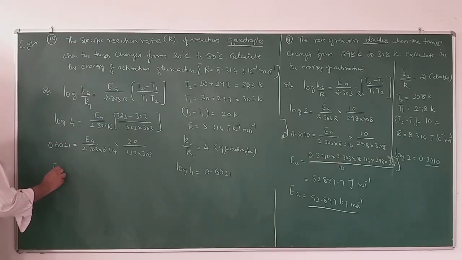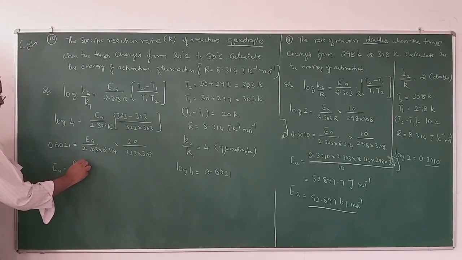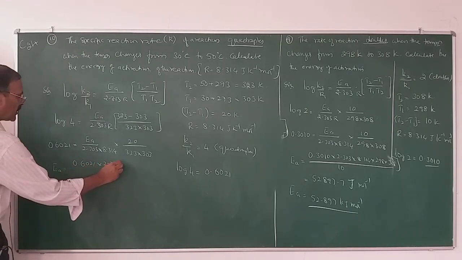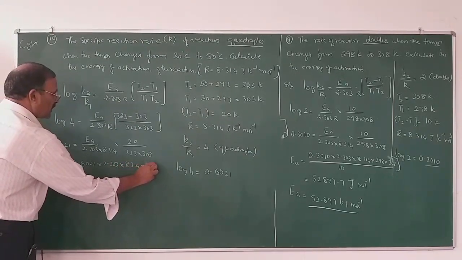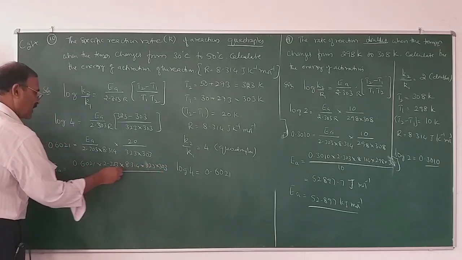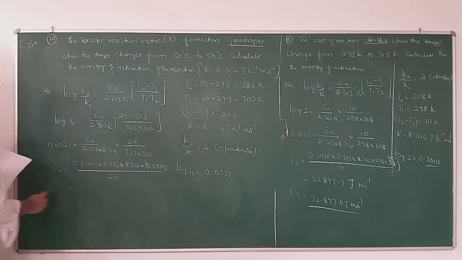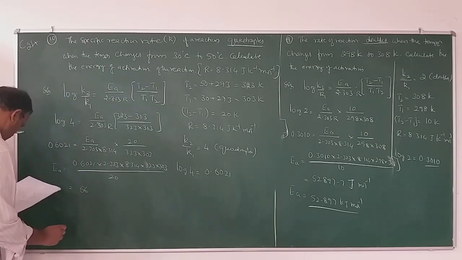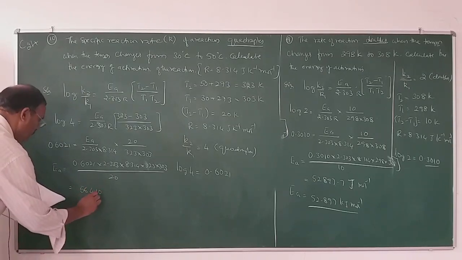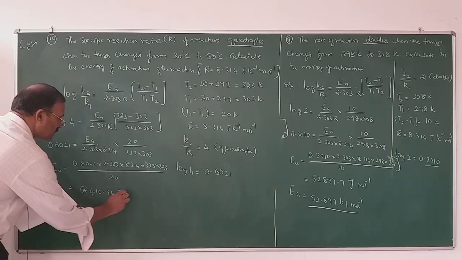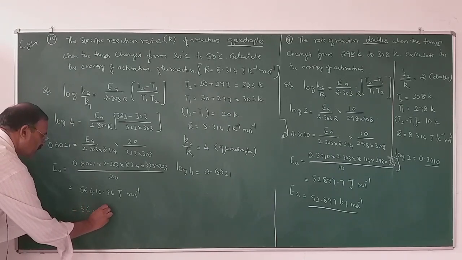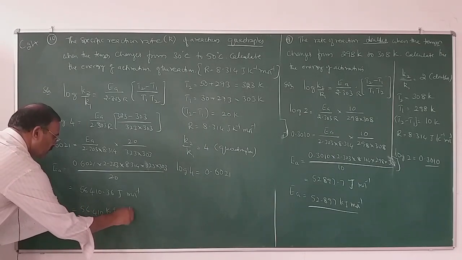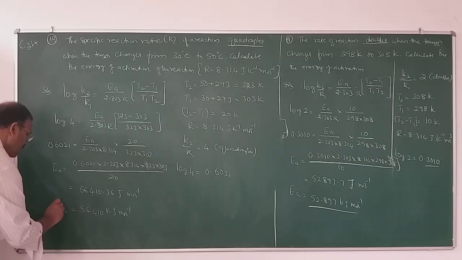So EA equals 0.6021 into 2.303 into 8.314 into 323 into 303 divided by 20, that equals 56410.36 joules per mole, or 56.410 kilojoules per mole. This is the activation energy EA.